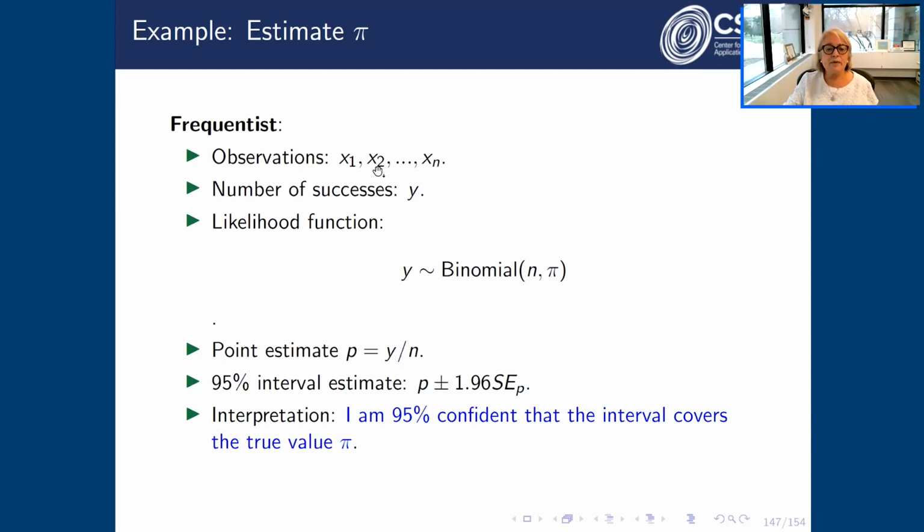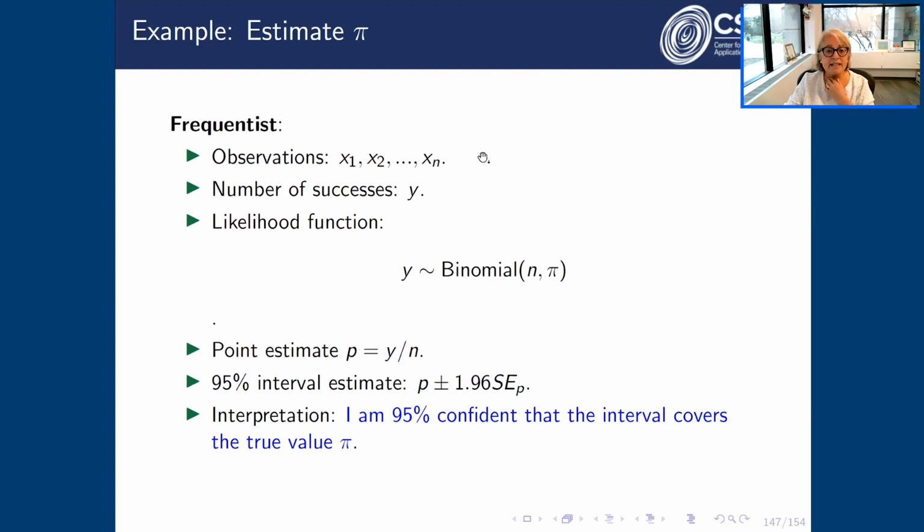Each one of these sample items either has or does not have the attribute I'm thinking about. So each one of these x's is either a 0 or a 1. Remember we said that if that's the type of data you have, a model for each one of these x's would be a Bernoulli model with a probability of success pi.